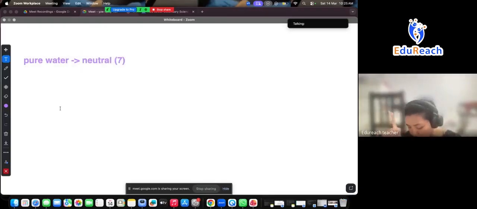So you just need to identify where 7 is. 7 for P will be yellow. 7 for Q will be red. 7 for R would be colorless. So yellow, red, colorless would therefore be option B. Is everyone clear on that? Option B. Pure water is neutral. If you don't know, please make sure you write this down.